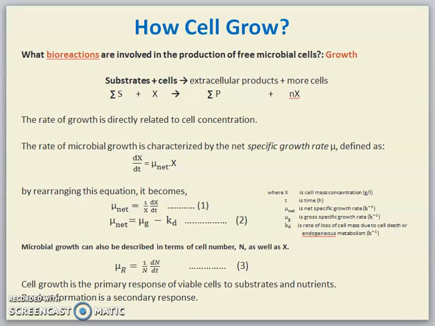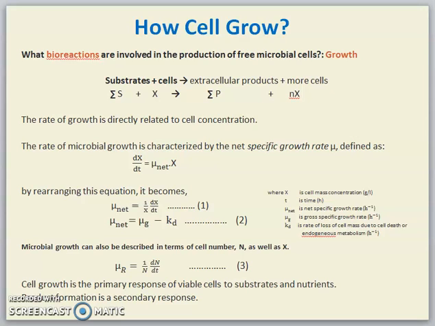So how does a cell grow? Because we are dealing with cells or microbes here, how does a cell grow in order to produce the bioproduct? First of all, what bioreaction is involved in the production of free microbial cells? It is growth. Growth is important in the bioprocess.